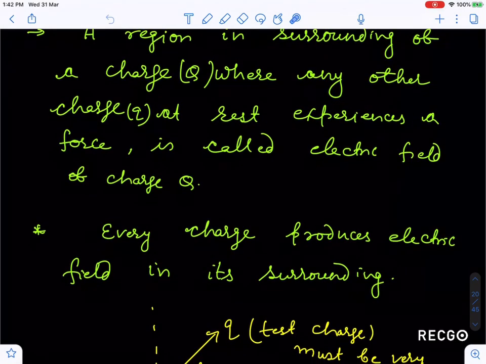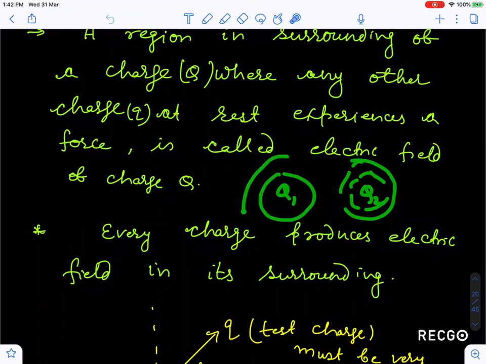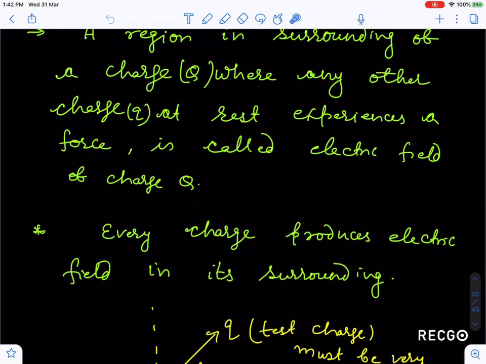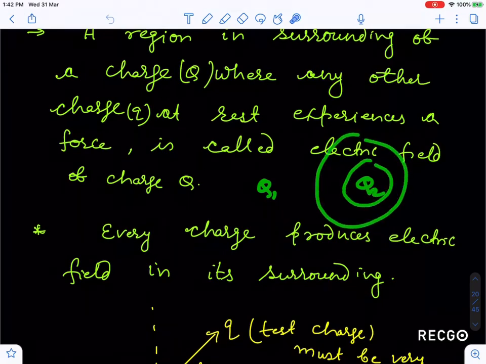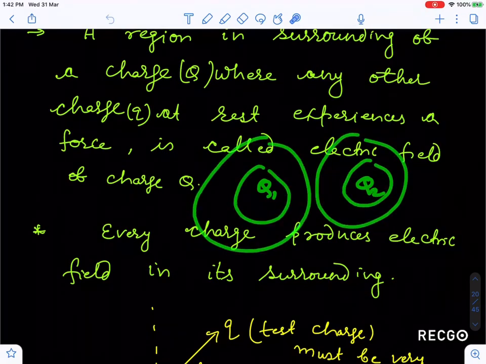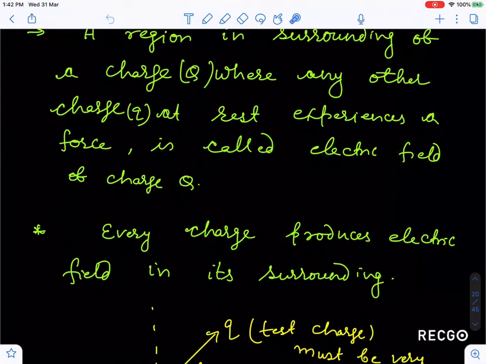So every charge produces electric field in its surrounding, guys. Whatever the charges, let it be q1, q2, these produce electric field in their surrounding, and because of this electric field they interact with each other, and because of this interaction they exert force on each other.